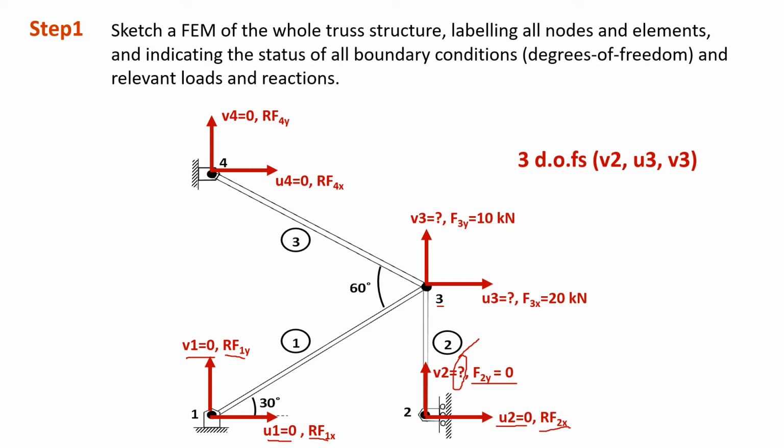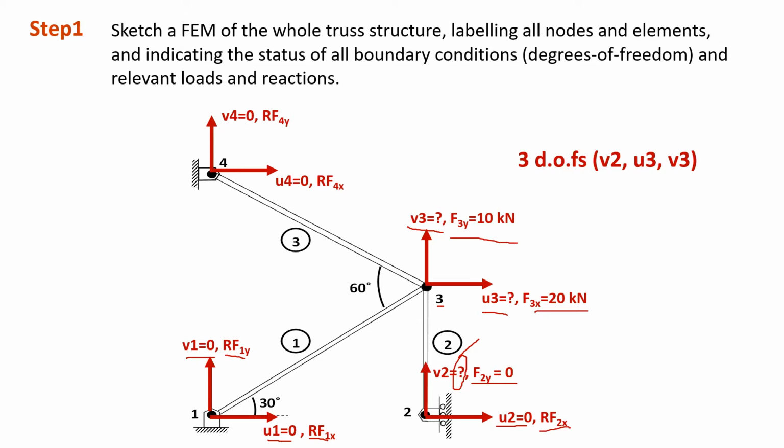That's why u3 is unknown, v3 also unknown. And at node 3, it has been loaded with horizontal and vertical loads amounting to 20 kN for horizontal load and 10 kN for vertical load.